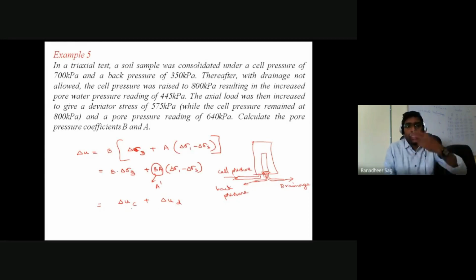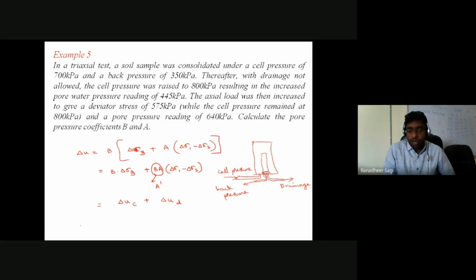The increment due to the applied confining pressure plus the increment due to the applied deviatoric stress, put together, is the total increase in the pore water pressure in that particular soil sample. I hope I made some sense to what I am trying to discuss.